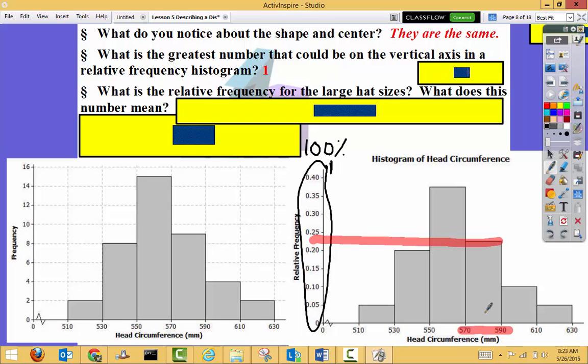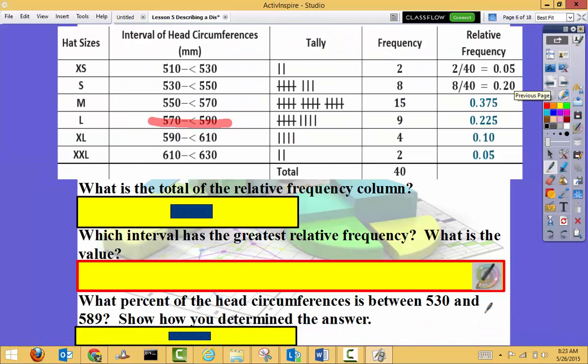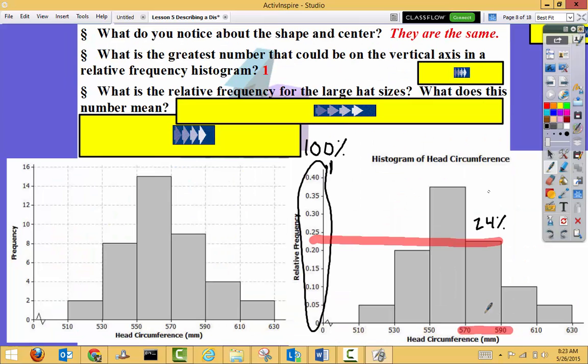So that looks like it's right about 24%. If I'm not sure, I can go check my previous frequency table and look right there. So it was close to that 24. So its actual value is 22.5.